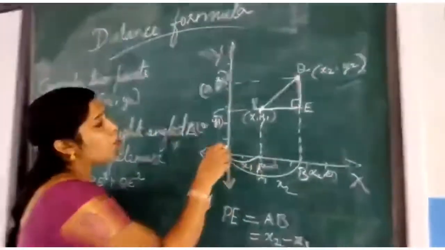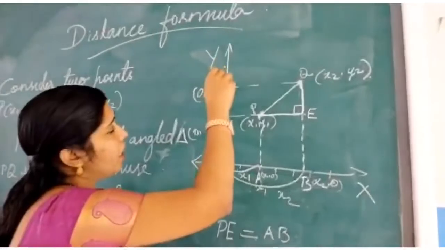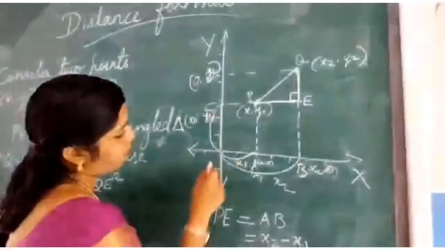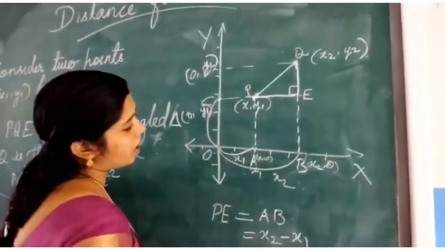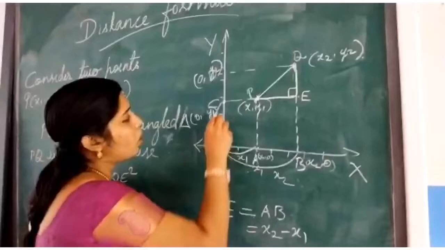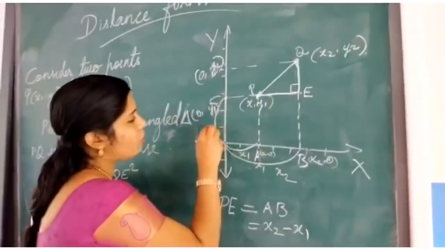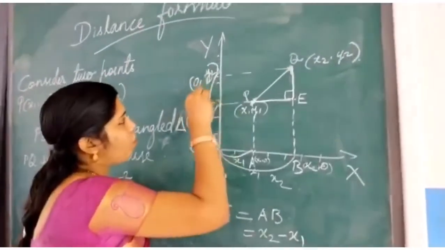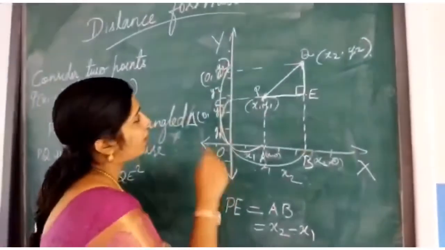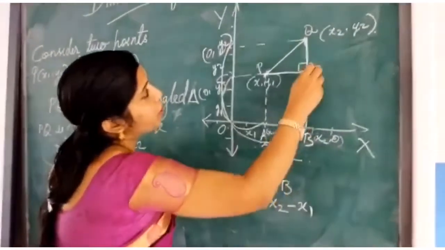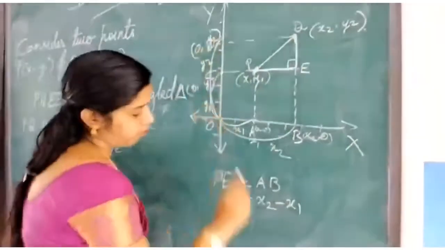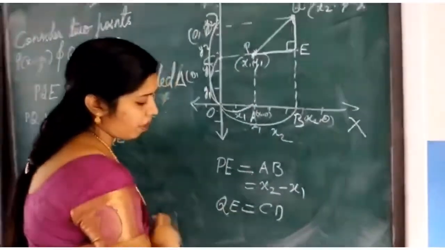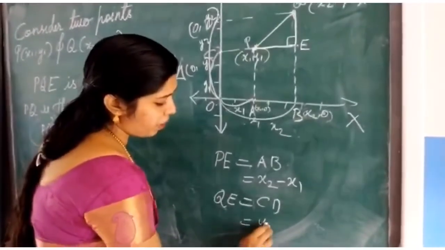In the same way, taking O as the origin, OC is y1 and OD is y2. So QE is CD, and what is CD? It is y2 minus y1.